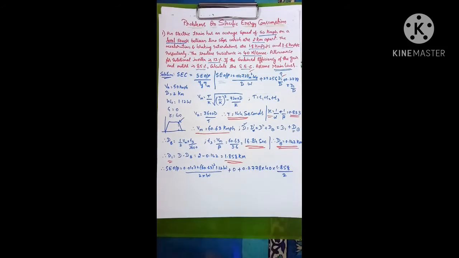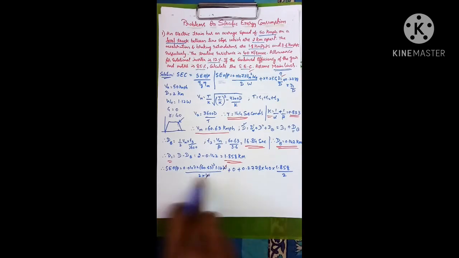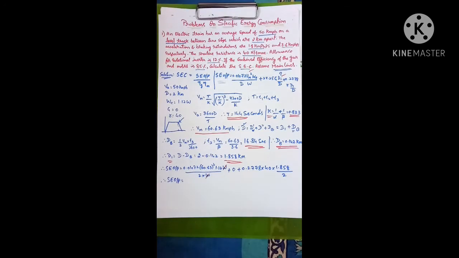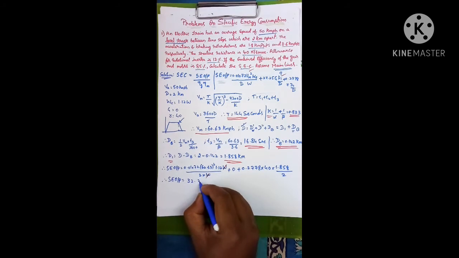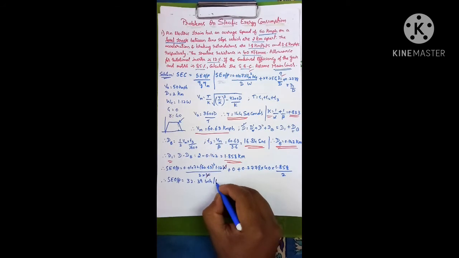Okay, so this W gets cancelled, and just simplify this portion. Therefore we can write specific energy output is equal to 32.39 watt hour per ton kilometer.